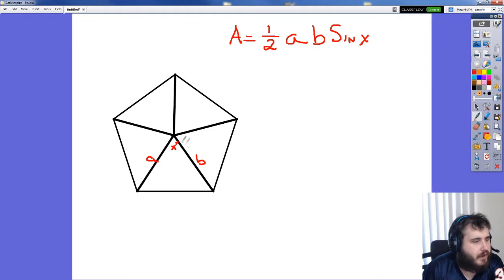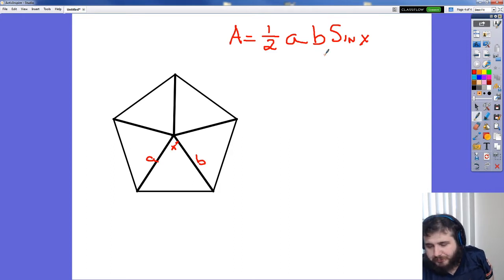So, you know, your side A, your side B, and then the sine of this angle right here. And sine, for those of you who are not in my class, sine is just a function on your calculator. We talk about how to find sine, but really it doesn't matter. You just type it into the calculator and the calculator will put it together for you.